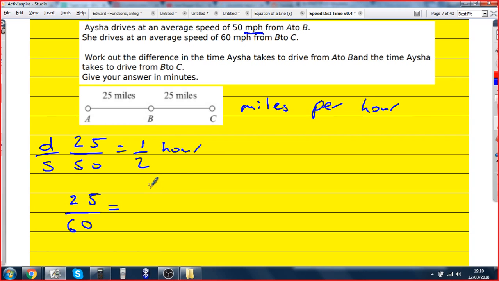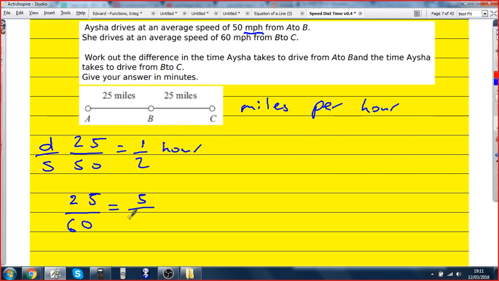How would I simplify that? Any number you can divide the top and bottom by? 5. Yeah. So 25 divided by 5? 5. And 60 divided by 5? 6.